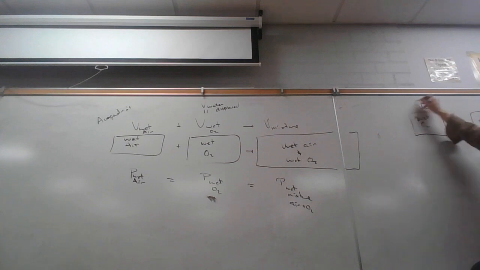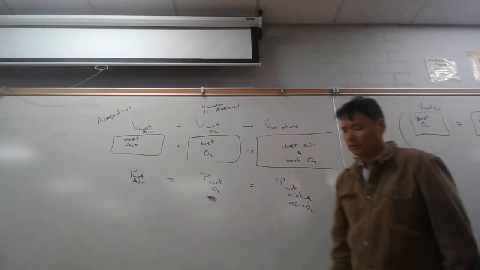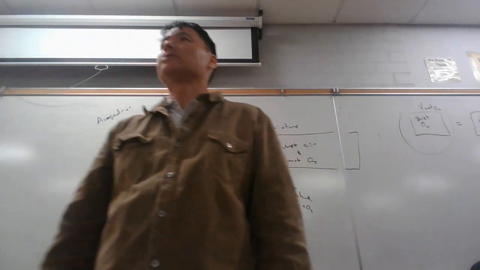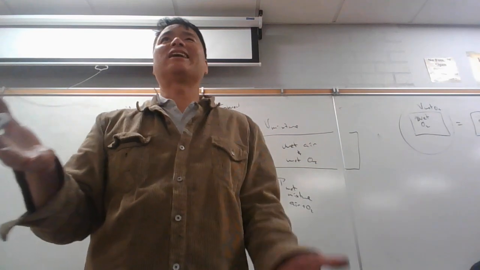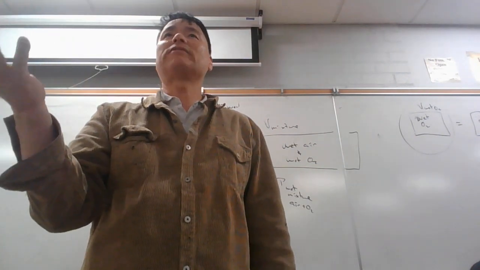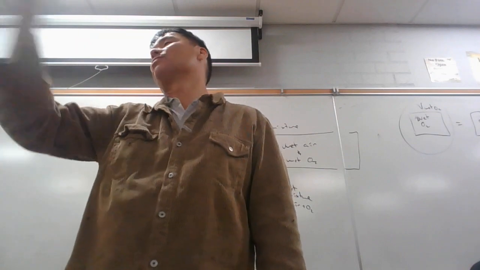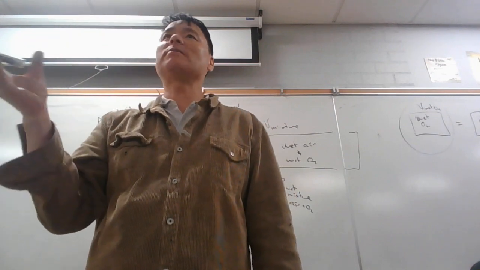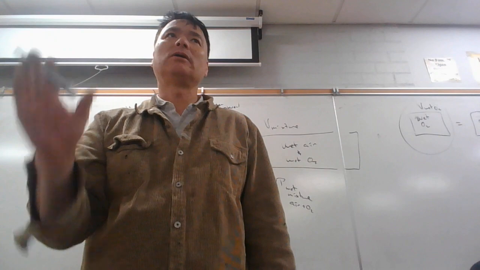So we know this, but we don't know this. So this room consists of humid air, and so we have dry air and water vapor. So how much of this room is occupied by dry air and how much of this room is occupied by water vapor?